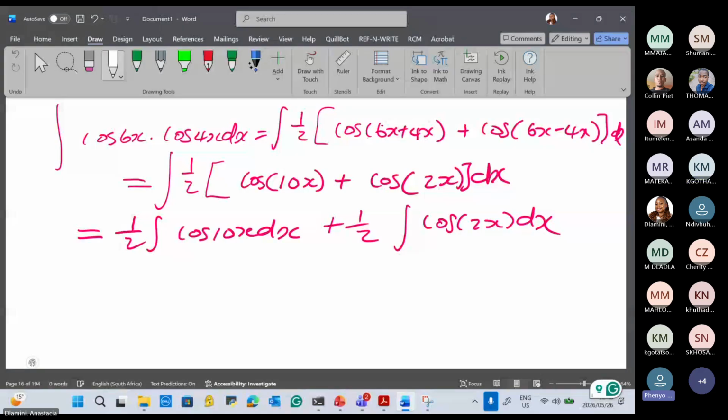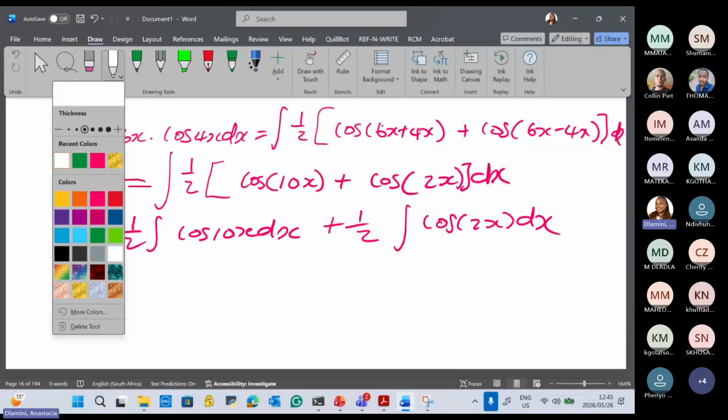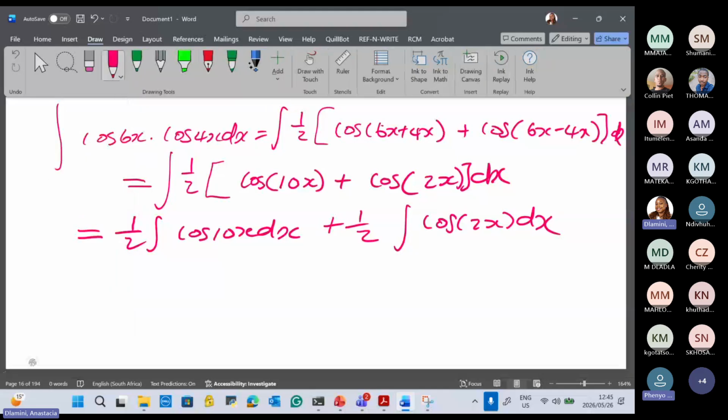Nothing is missing so far, ma'am. So what's left is to integrate. Okay, then give me the answers since you're saying nothing is missing. The integral of cos is going to be... Should we do it step by step? Do it step by step. Okay, 1/2, open bracket.